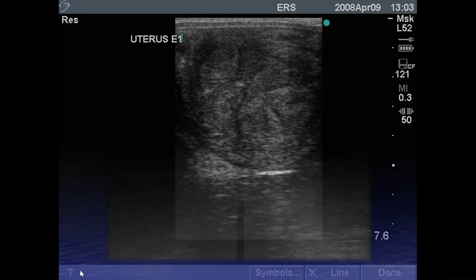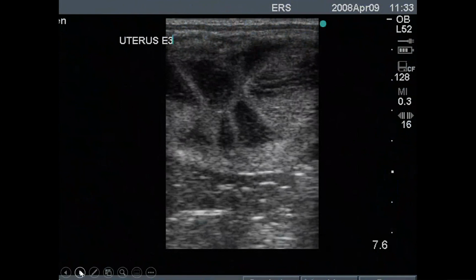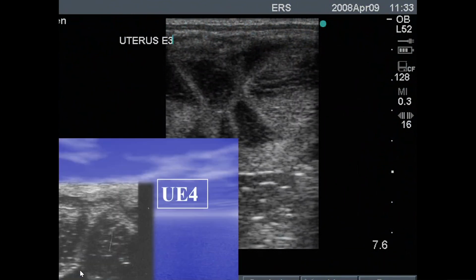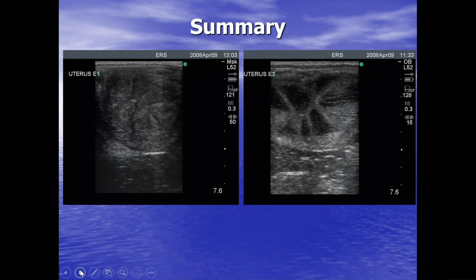We would call this a 1. We'd probably call that a 2. Call that a 3, or even a 3+ if you want to call it. I know some people do. And that would be uterine edema score 4. And that's as edematous as a uterus gets. So whatever system you're going to have, grade the edema pattern. So that would be 1 and that would be 3.